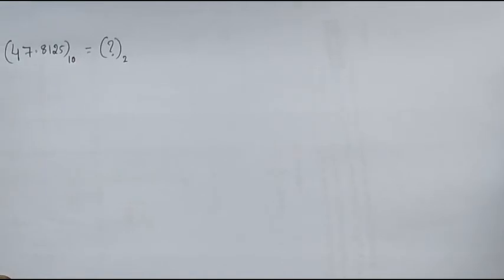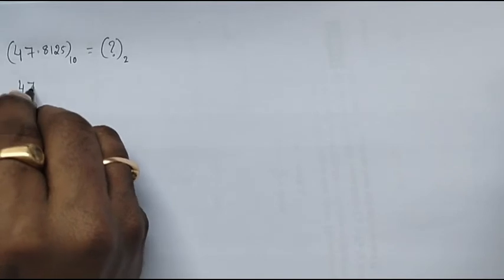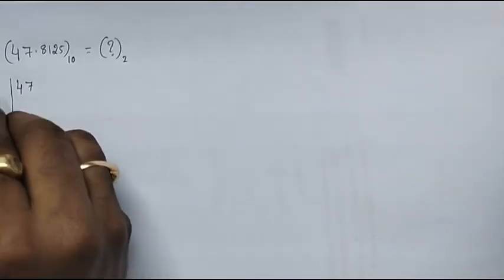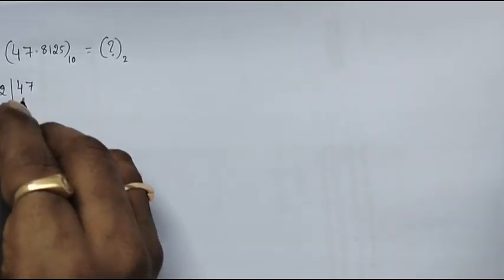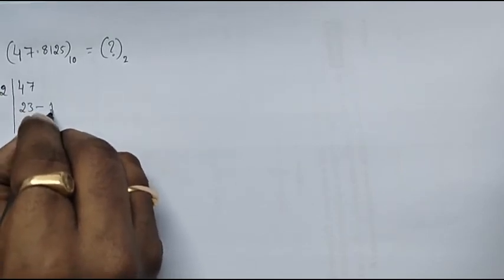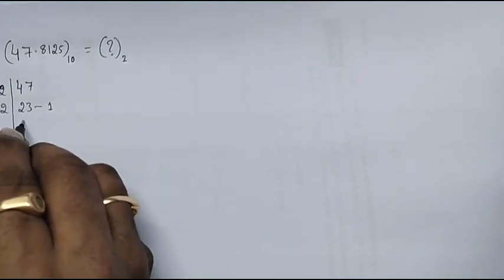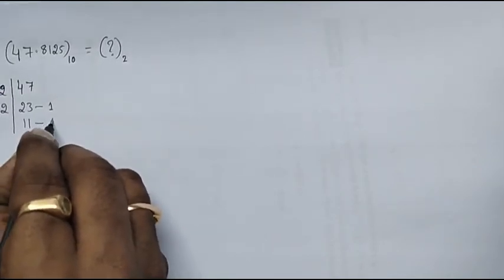First convert the given full number into binary by successive division by 2. When you divide 47 by 2, we'll get 23 and the remainder is 1. Further divide 23 by 2, we'll get 11, remainder is 1.